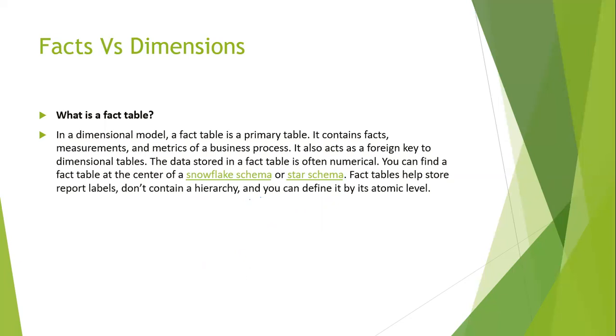For example, what is the total sales, the total quantity, the total price, the selling price, and the amount. All this information will be kept in a fact table. For example, sum of sales, overall sales and total net sales will be our facts, stored in the fact table.